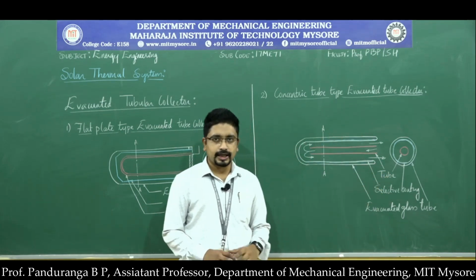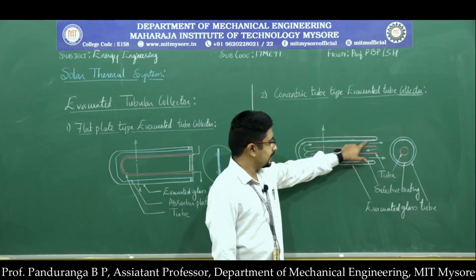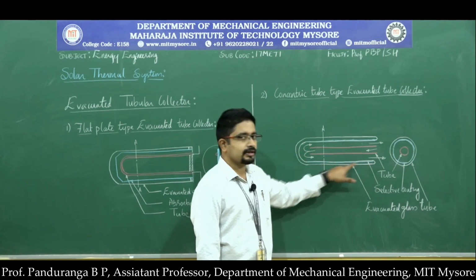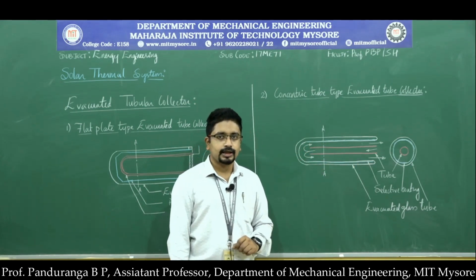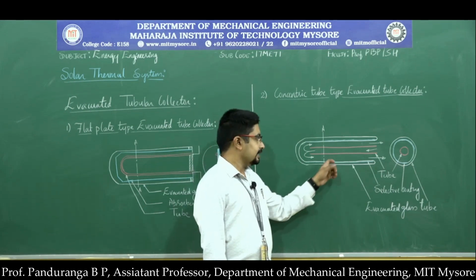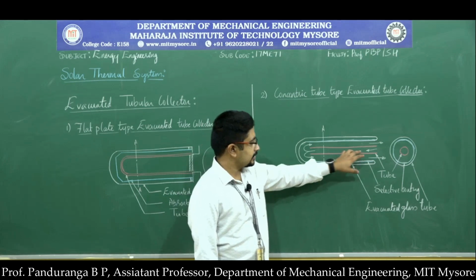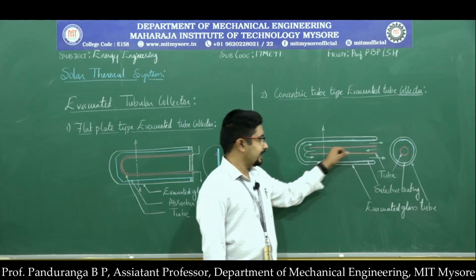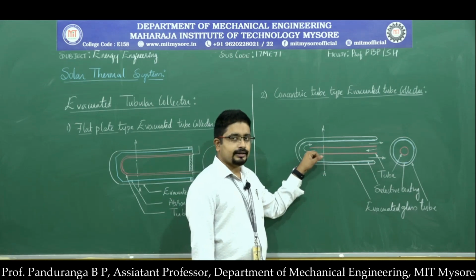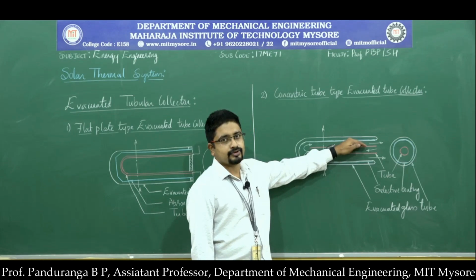This entire tube is made up of glass, so there is no metal contact, which reduces losses, and we provide a selective coating on the inner surface of the tube. The advantage of the selective coating is that it increases the heat absorption rate. At the center we have one more tube through which the cold water enters and leaves through the annular gap between the inner tube and the evacuated tube.